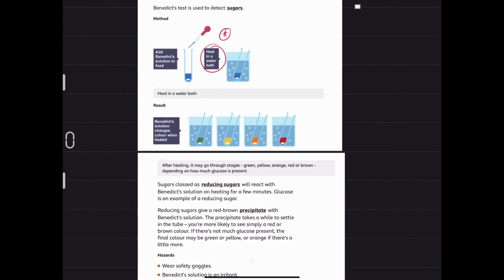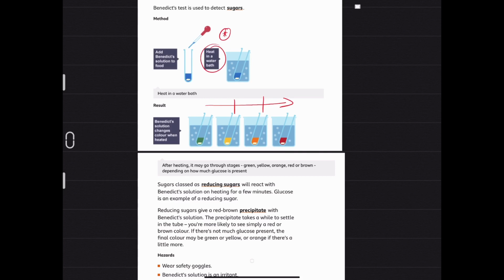So once we have the presence of a reducing sugar identified, Benedict's solution changes through these colors here through to brick red. Now it may stop at, let's say, this point or this point, depending on the concentration of the sugar.